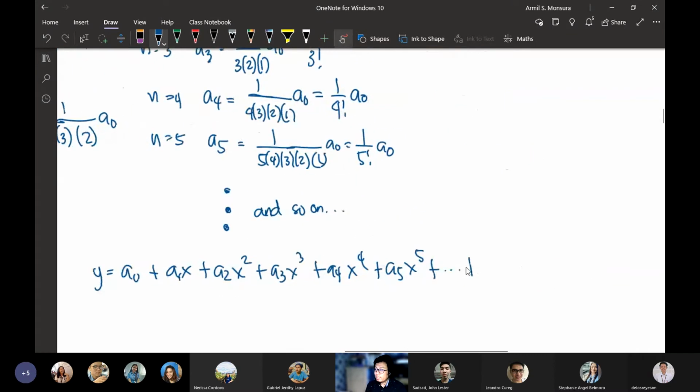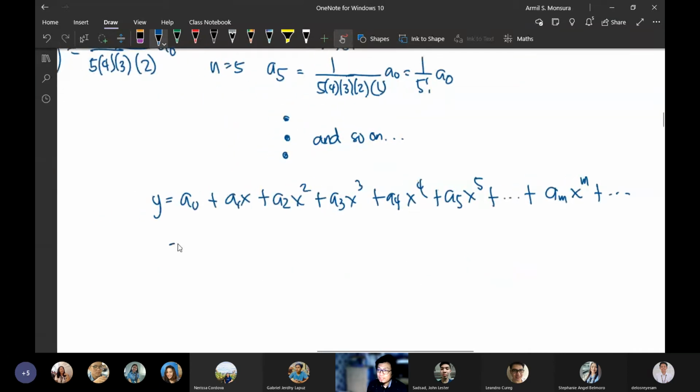Ang nth term nga niyan is a sub m x raised to m. Okay? And so on. Now, we have to substitute the coefficients here. With a0 being made an arbitrary constant, so may iiwan yung a0 dito. So, ang papalitan natin ngayon is yung a1, a2, a3, a4, and so on.